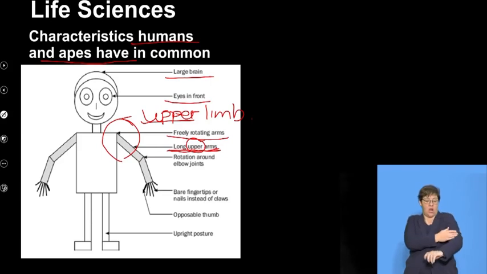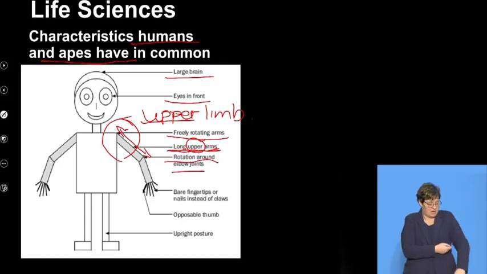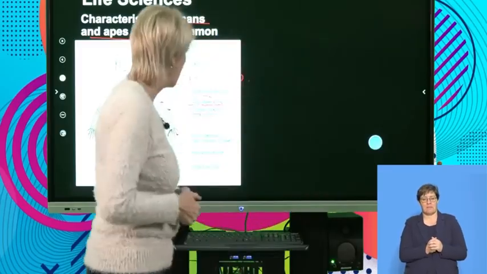So we have a long upper arm. This segment of the upper limb is long. We also have rotation around the elbow joint. It gives us a bit more free movement, more dexterity, so that we can manipulate, handle, and use tools and whatever implements we have.